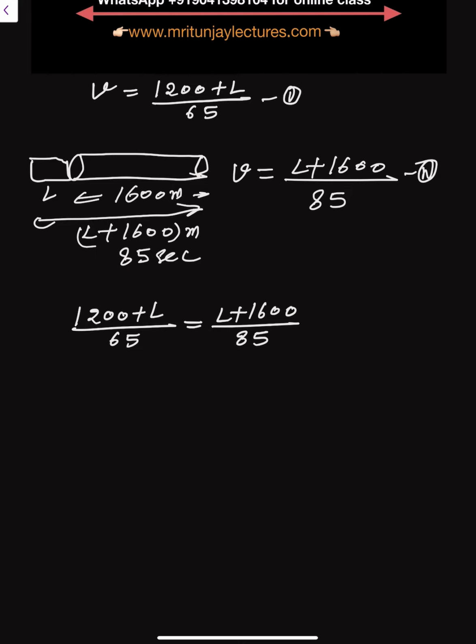Okay, so now if you see very carefully, this one is 1200 plus capital L divided by, 5 1s are 5, 5 3s are 13, so L plus 1600 divided by, now again 5 1s are 5 and 5 7s are 35.